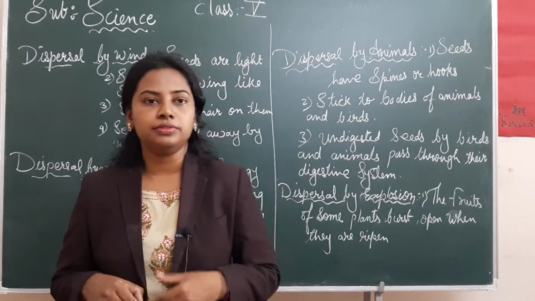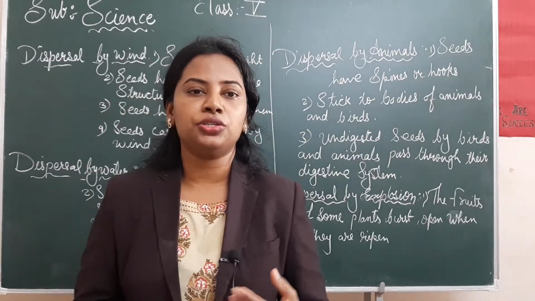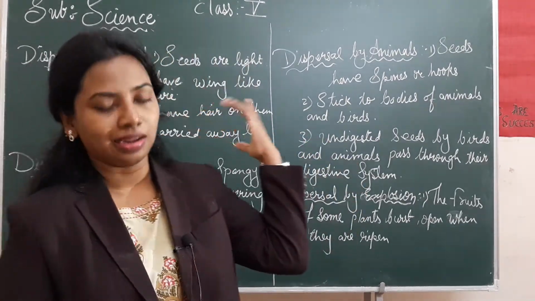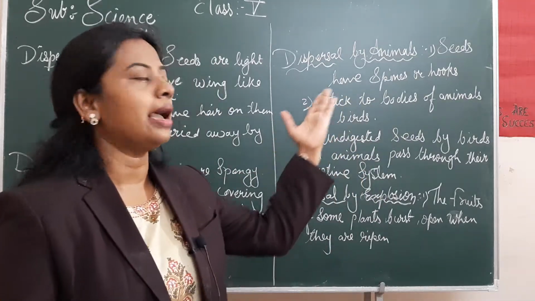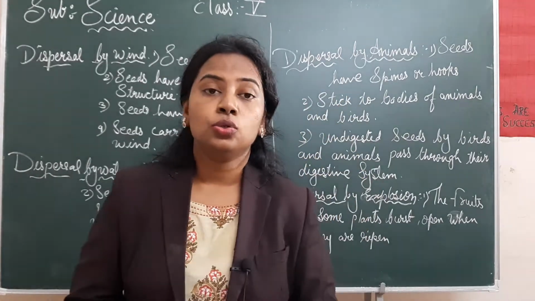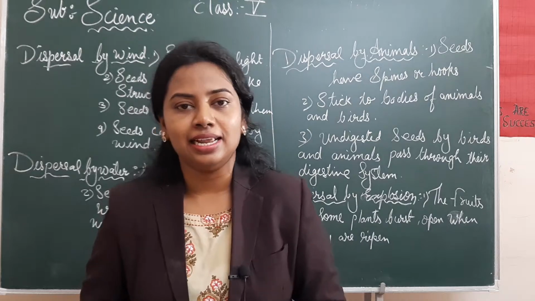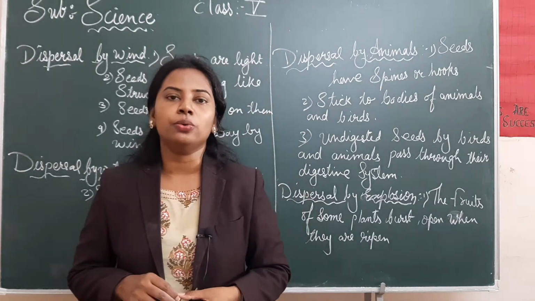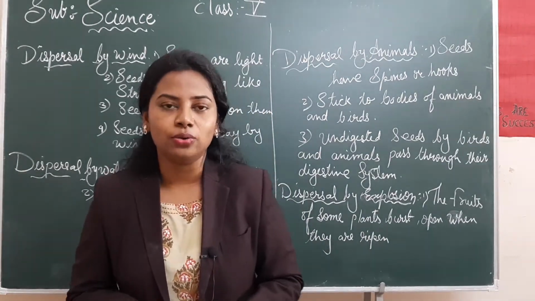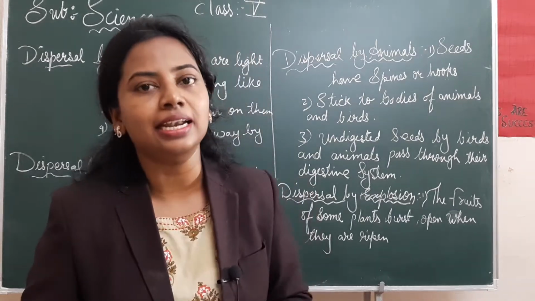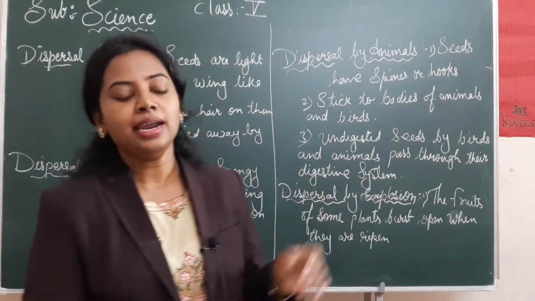That day I just gave a quick explanation of what is meant by wind, water, animal and explosion. As I told you in a before video, I'll explain later on, so today I'm going to explain in detail what is meant by it.